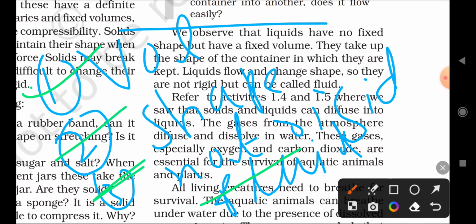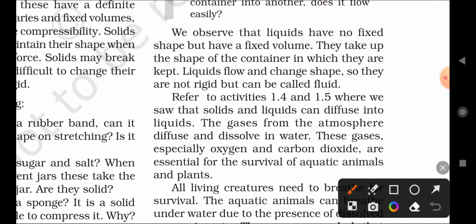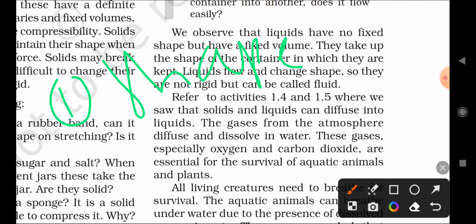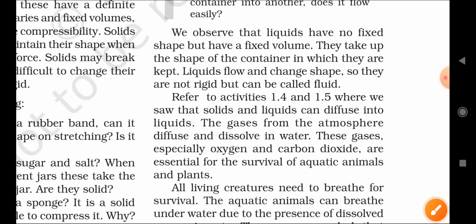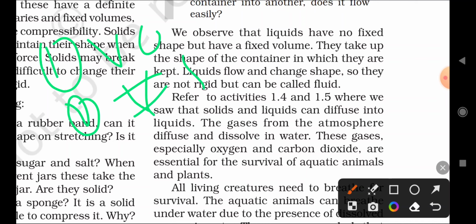These are the properties of liquid. And we can add another one: they take the shape of the container. So in total we can write 5 points from these properties. The first is a fixed volume. Second, they do not have a fixed shape.